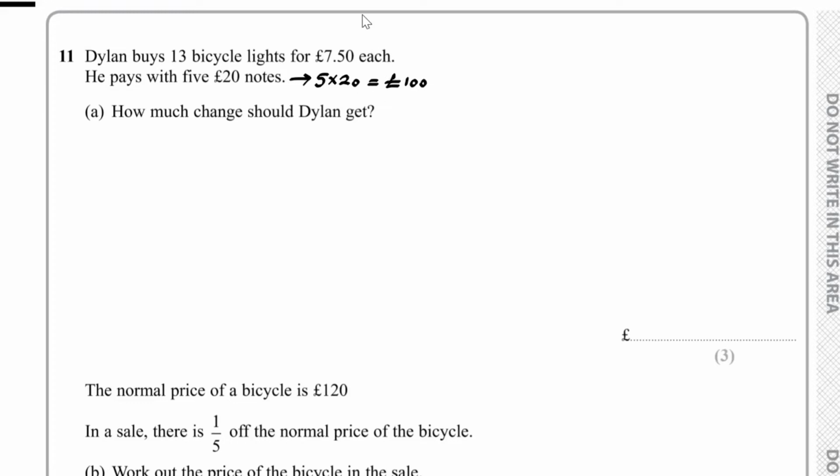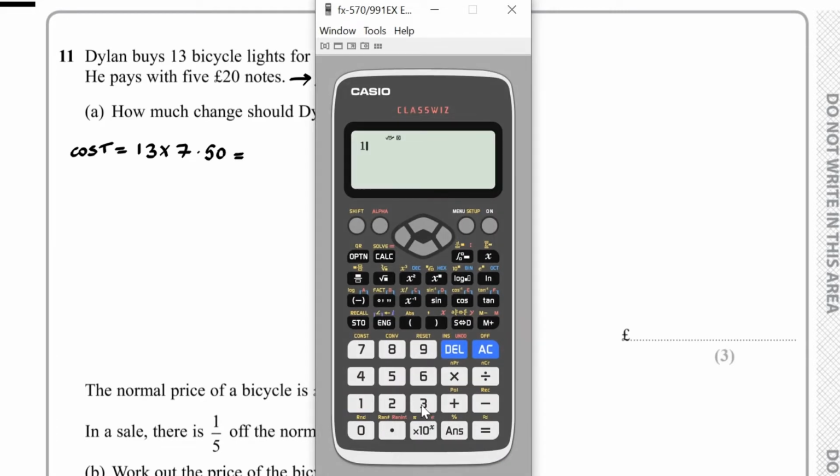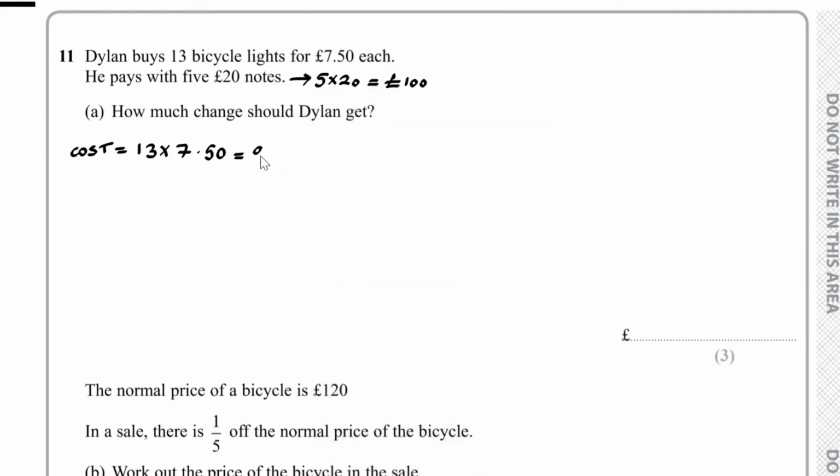And if he's buying 13 bicycle lights for £7.50, the cost for all these lights is equal to 13 multiplied by £7.50, and if we work this out, 13 times 7.50, that's 97.5.